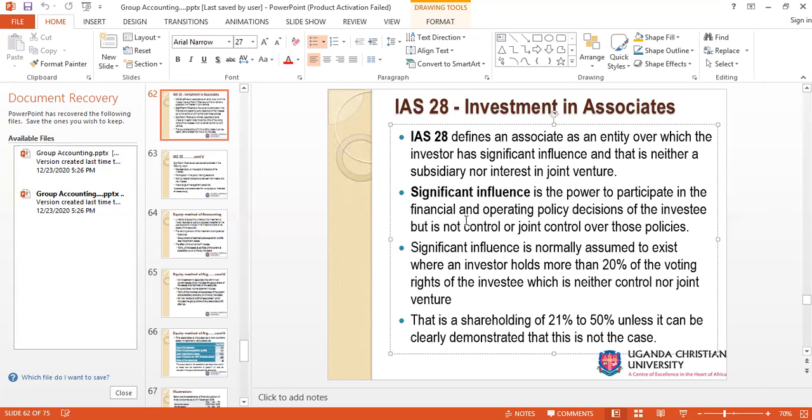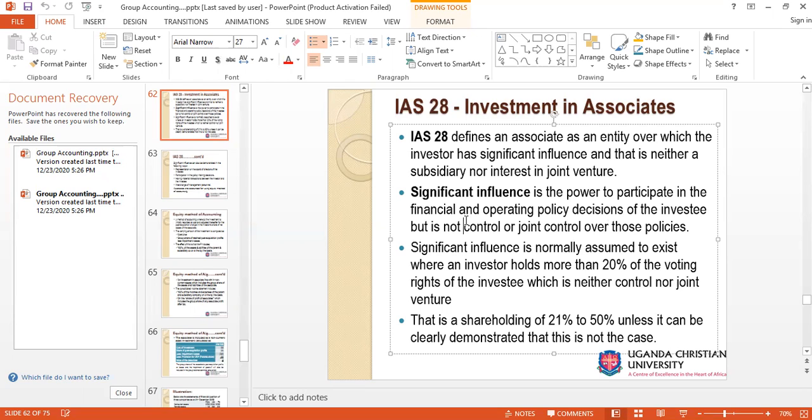So where the investor has power to participate in both the operating and financial decisions of the investee, then the investor has significant influence.